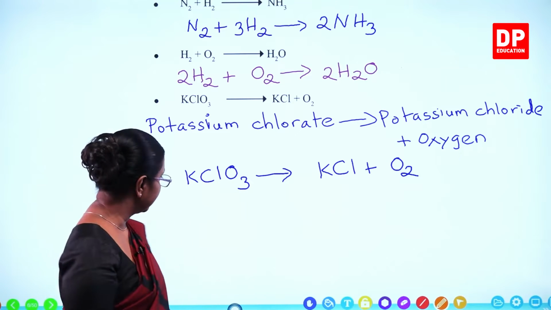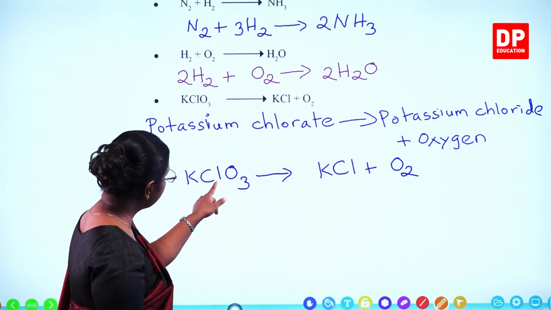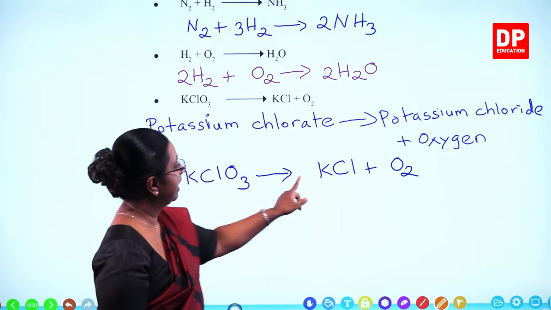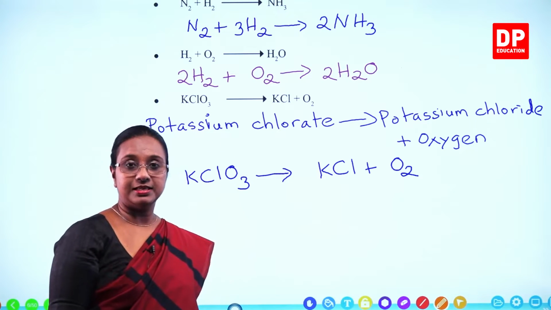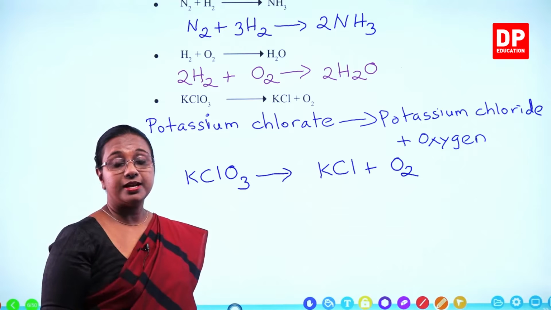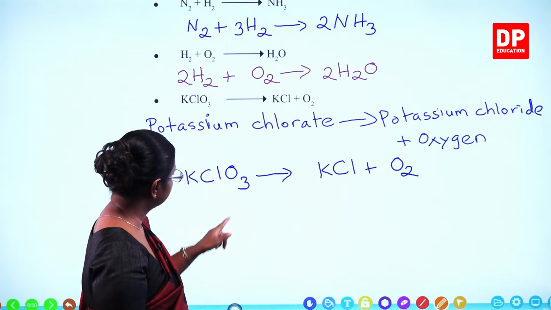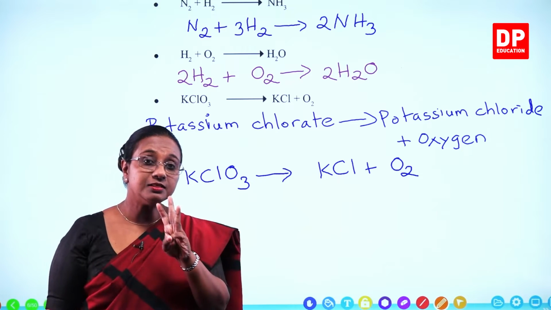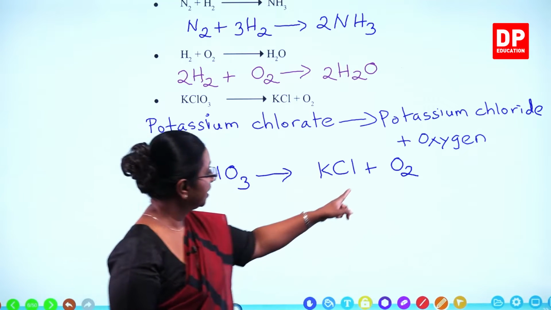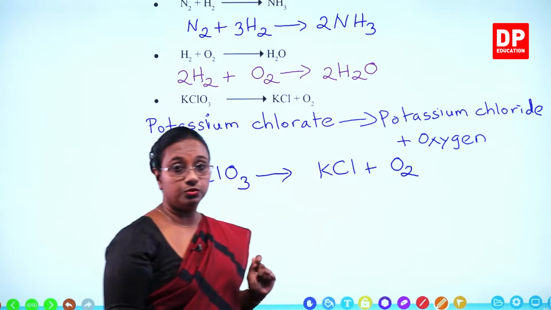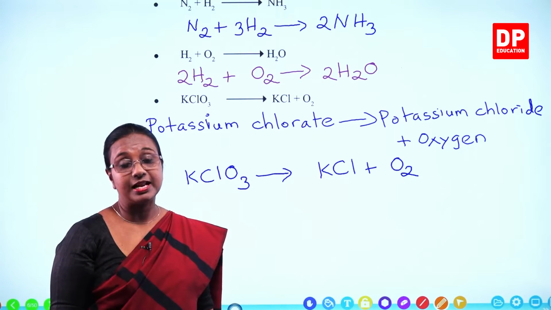That's balanced. Chlorine, 1 Cl, and KCl, again 1 Cl. So the chlorine atoms are also balanced. How about oxygen? O3. So there are 3 oxygen atoms. Here this is O2, only 2 oxygen atoms.